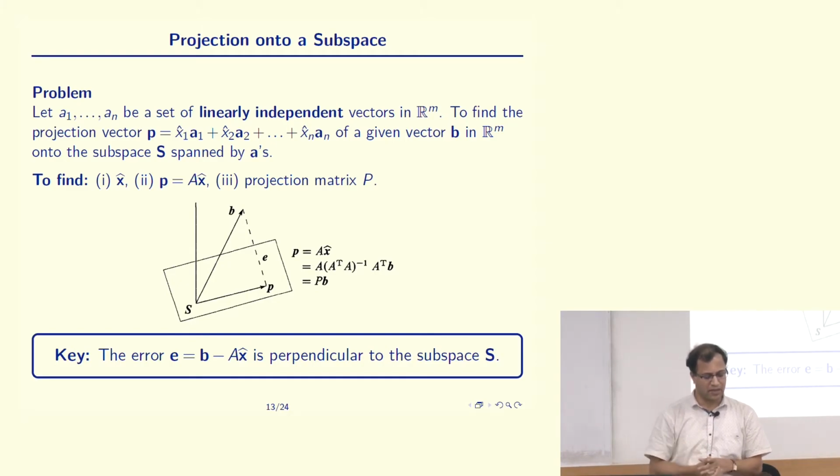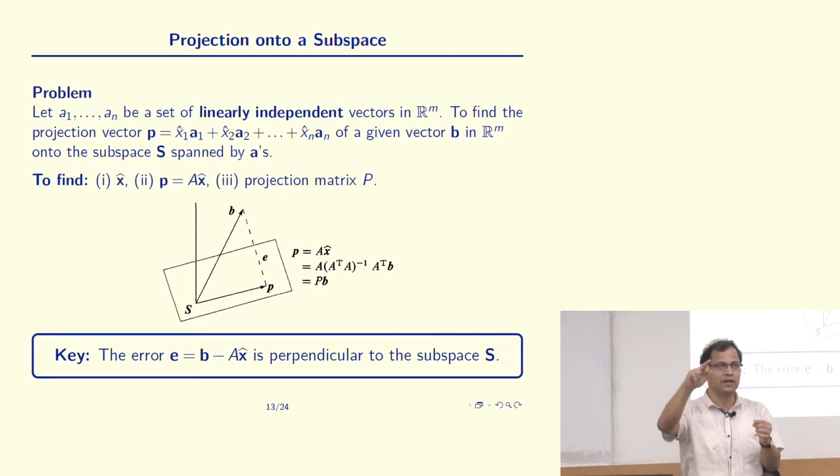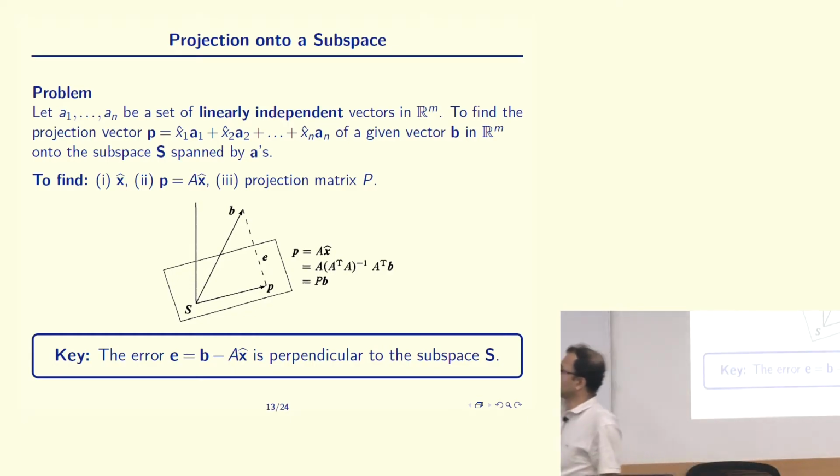We need to find the projection vector P. There it was only one line, that is a one-dimensional subspace, so we considered only x cap times A. But here we have an n-dimensional subspace, so we consider the linear combination x1 cap times A1, x2 cap times A2, up to xn cap times An.